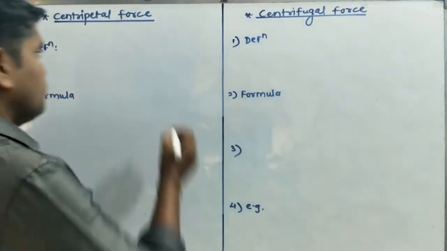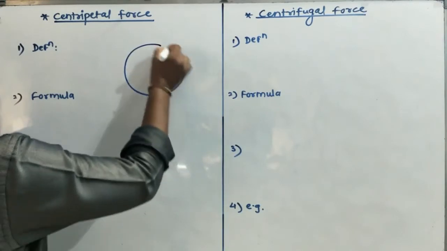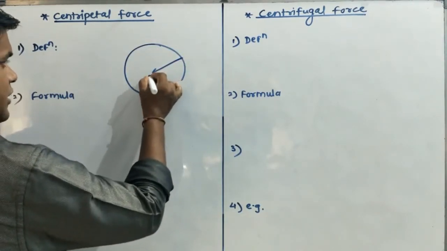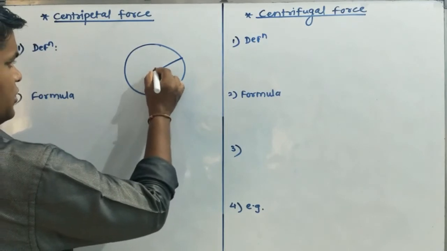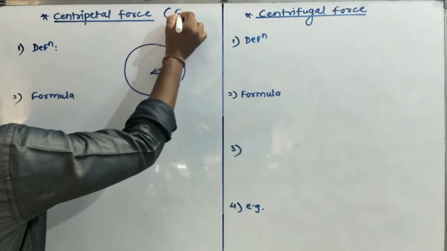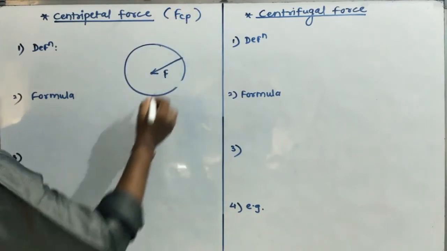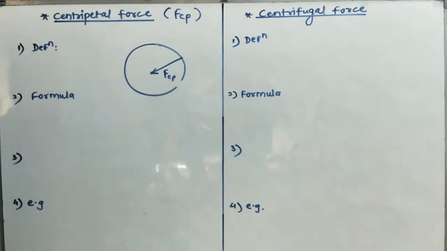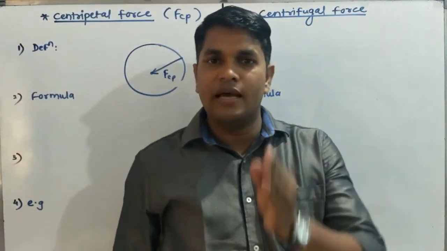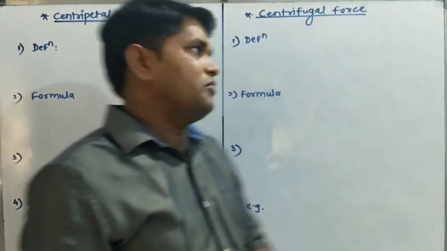Understood? So suppose this is the circular motion, and the force on the particle which is directed toward the center of the circle is called the centripetal force, or simply FCP. And the centrifugal force is the force which is directed away from the center of the circle.